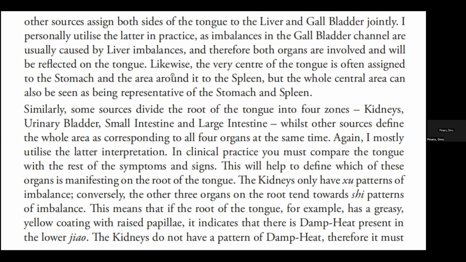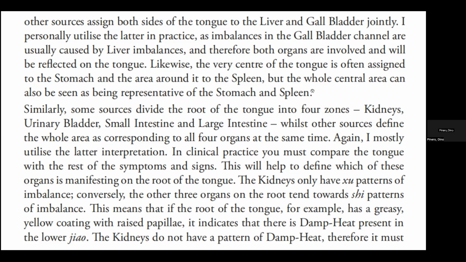Likewise, the very center of the tongue is often assigned to the stomach and the area around it to the spleen. So yung center is the stomach and the area surrounding is the spleen. But the whole central area can also be seen as being represented of the stomach and spleen. So, parehas din lang. Combine yung stomach and spleen daw. Similarly, some sources divide the root of the tongue into 4 zones.